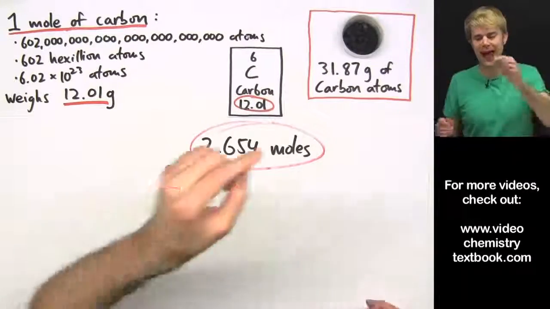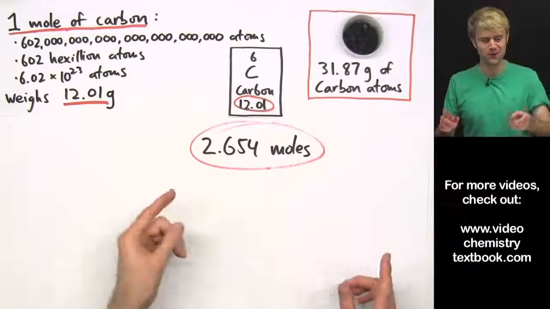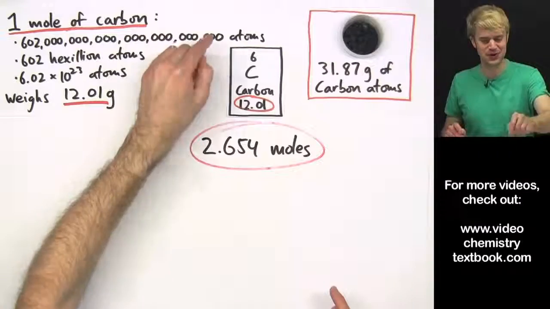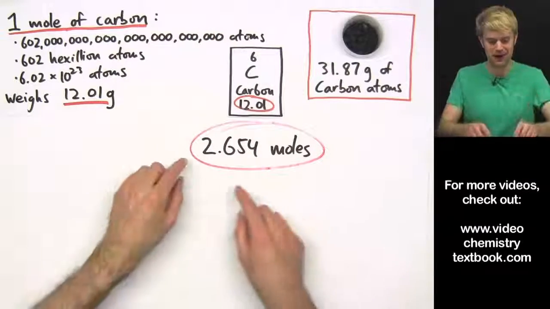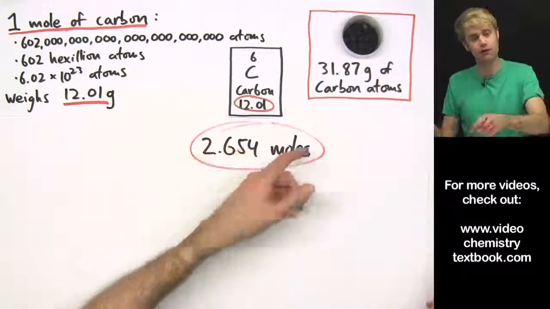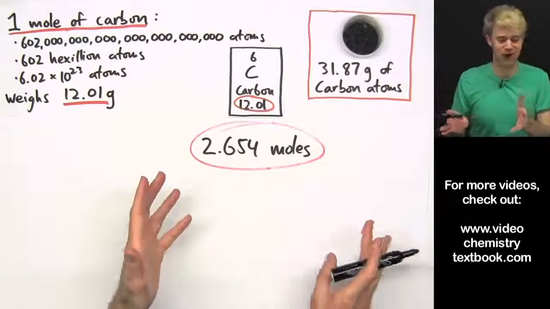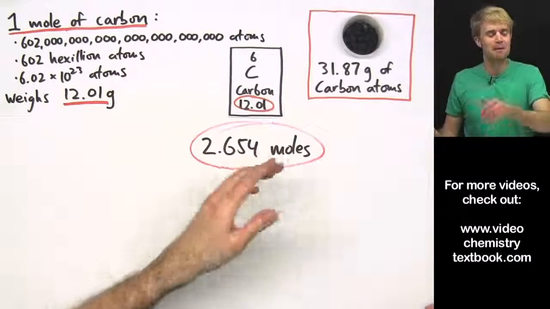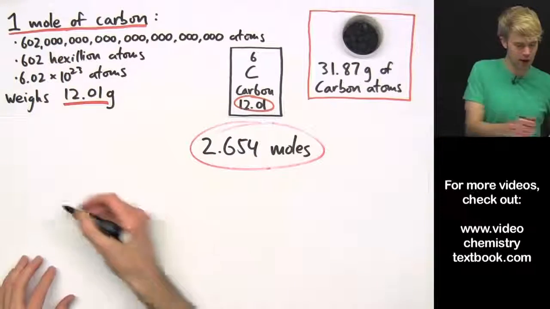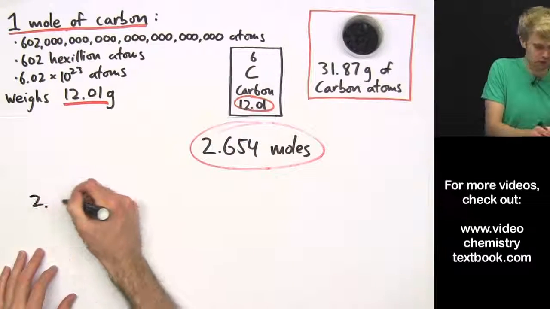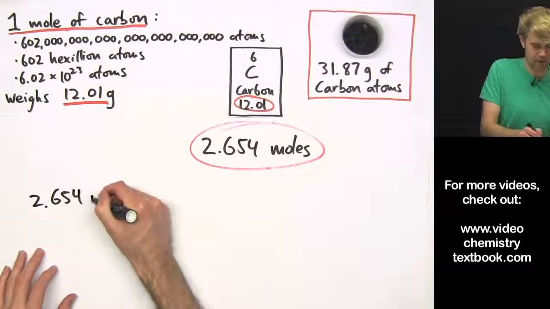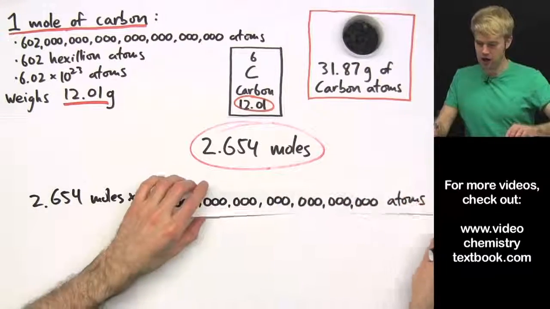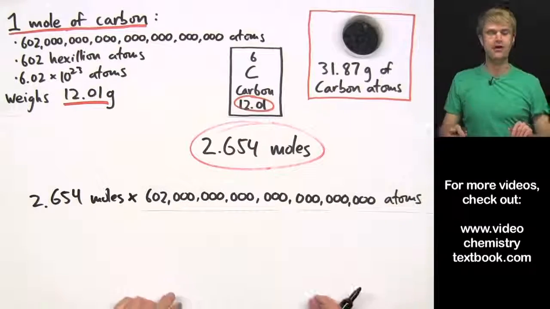Okay, so how many atoms of carbon do I have in here? Well, we know that in each mole, there are 602 hexillion atoms, but here I've got 2.654 moles. Okay, this isn't too hard though, because all I got to do is multiply 2.654 by the number of atoms that are in 1 mole. So I can do 2.654 moles times 602 hexillion atoms.